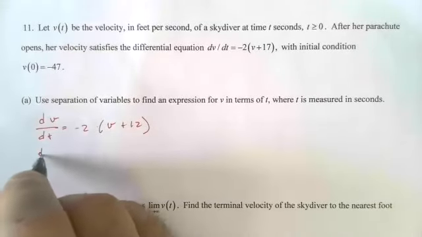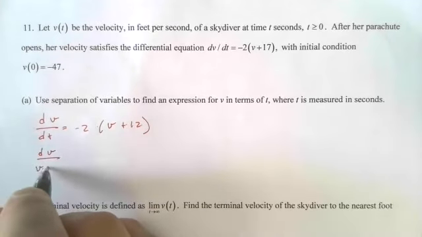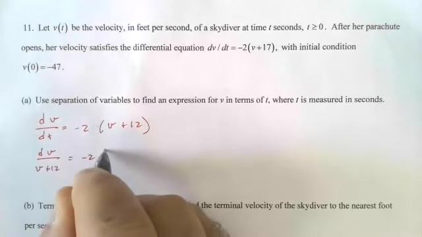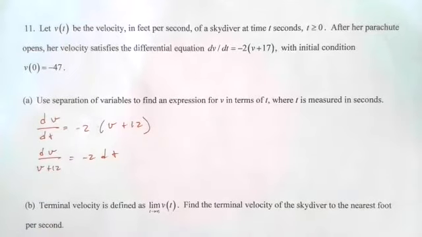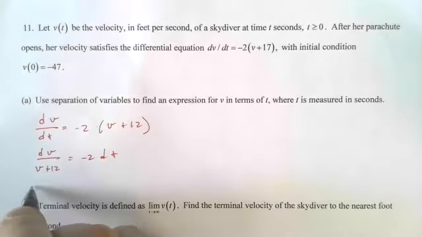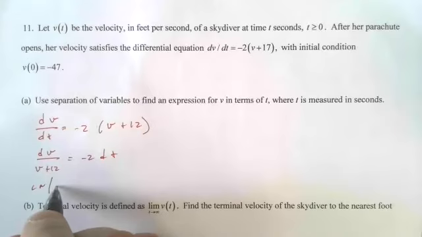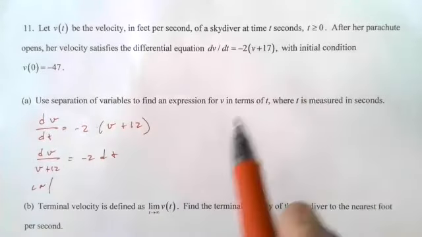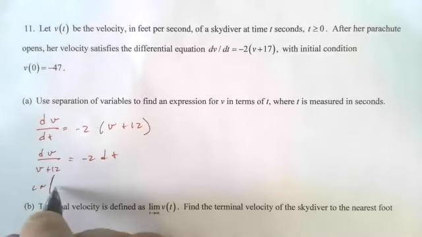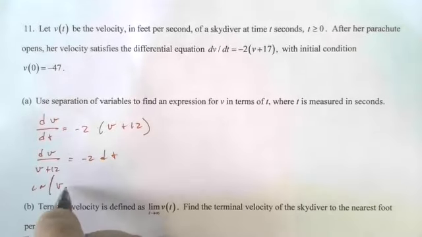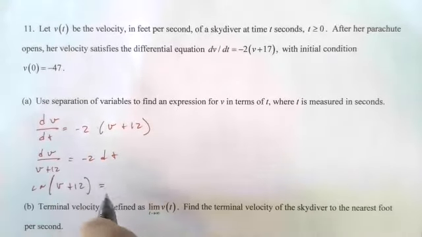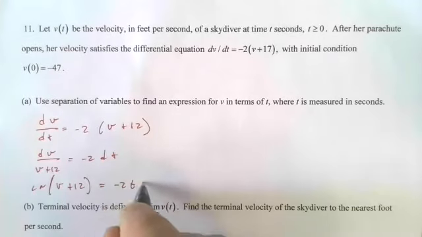Oh yeah, I can just do dv over v plus 17 equals negative 2 dt. ln, no chain rule, nothing to worry about here. Speed's constantly increasing, velocity's constantly increasing. Well, not constantly, but increasing. Equals, so I threw out the absolute values, negative 2t plus c.